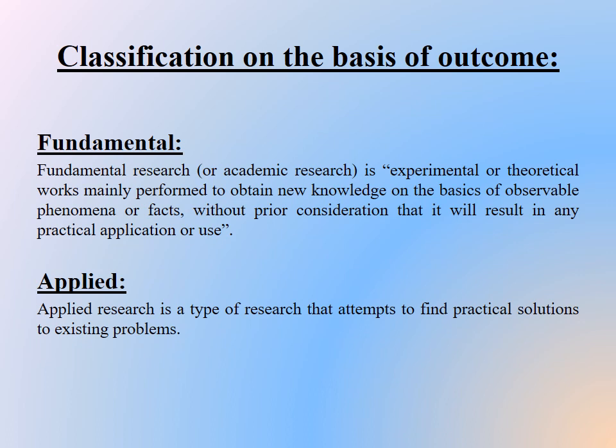Here, experimental or theoretical work is performed to obtain a new set of knowledge, on the basis of observable phenomena or facts, without prior consideration of any practical application or use. Now, applied research. Applied research is a type where the researcher attempts to find practical solutions for an existing problem statement.